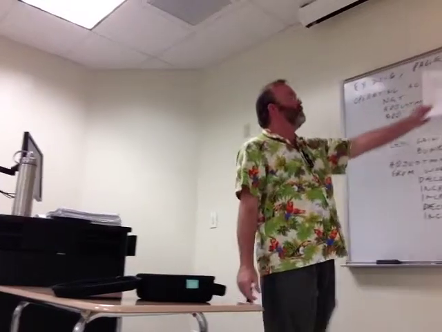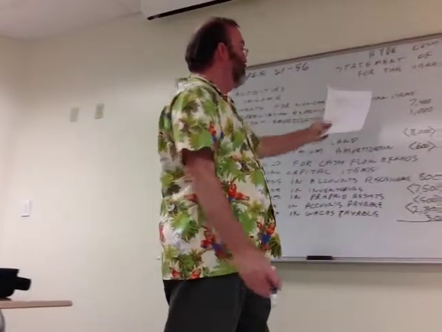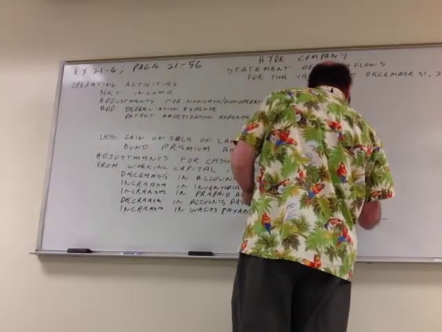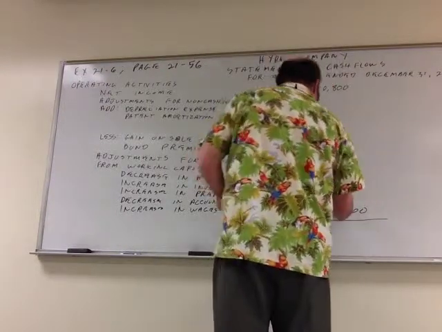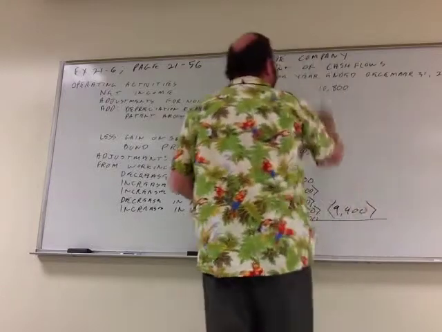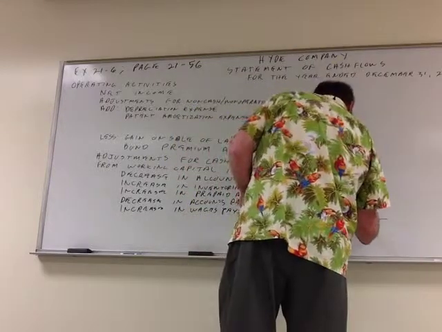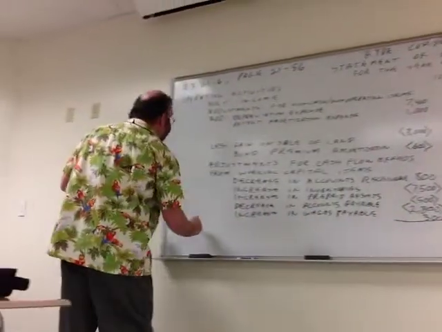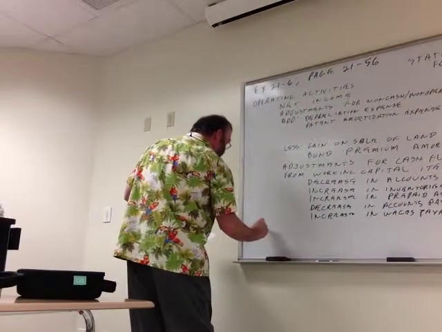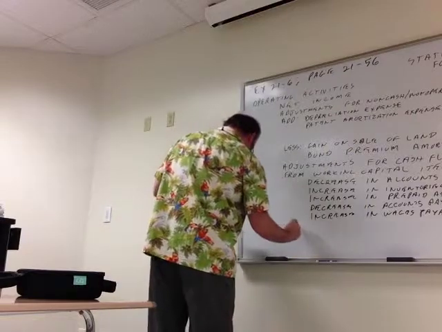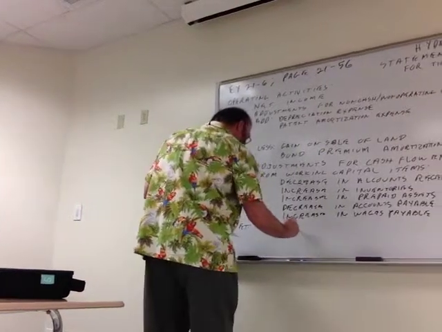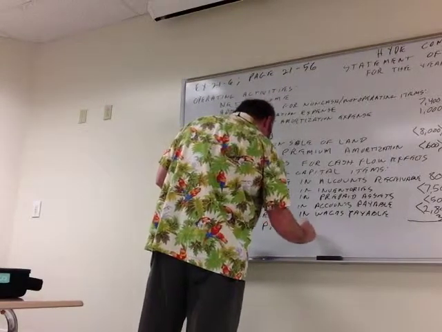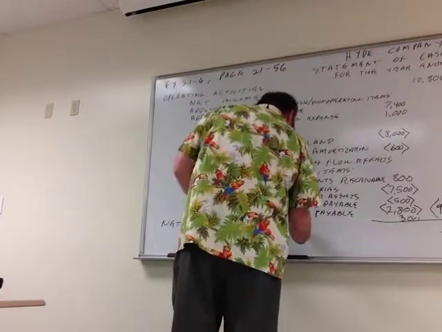If you add up all of these adjusting items, you will get 9,900 negative, leaving you with $900 as net cash provided by operating activities.